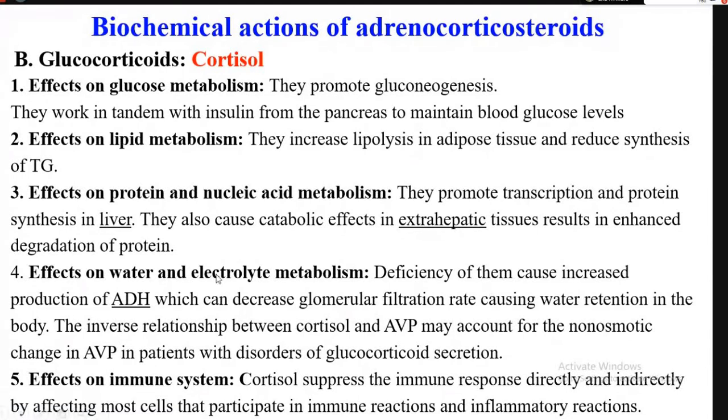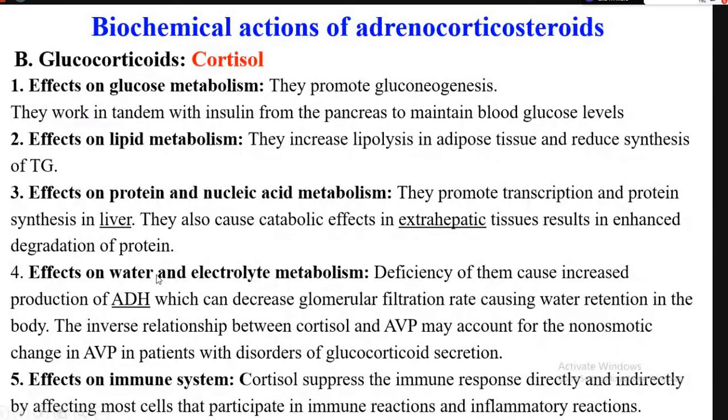In the immune system, cortisol suppresses the immune response directly and indirectly by affecting more cells that participate in immune and inflammatory reactions. Lymphocytes, B lymphocytes, T lymphocytes, all.